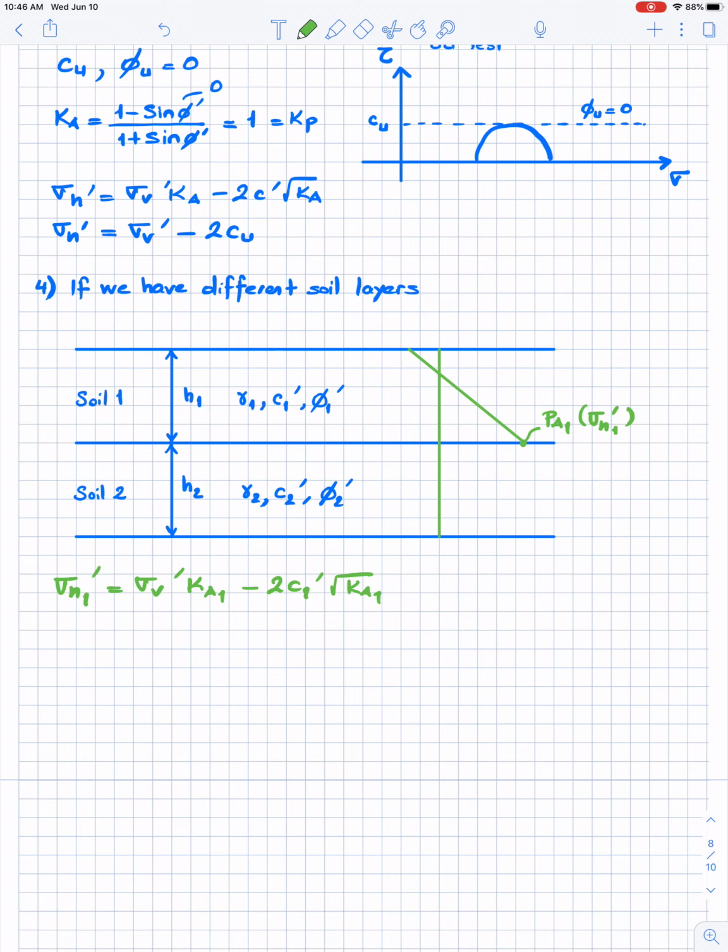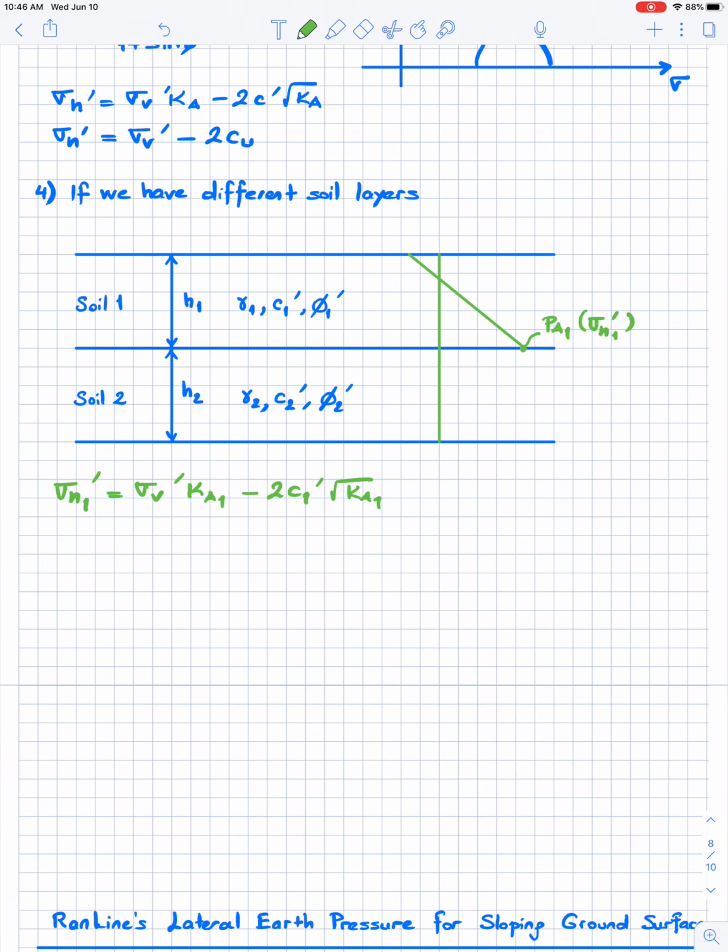Okay, and this is for the bottom of soil 1. But for the top of soil 2, I have sigma H2 prime, which is sigma V prime times KA2 minus 2 times C2 square root of KA2.